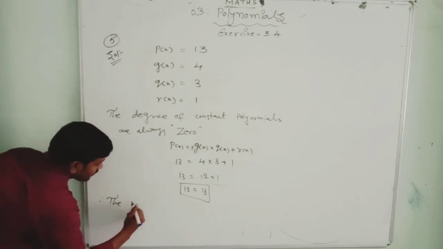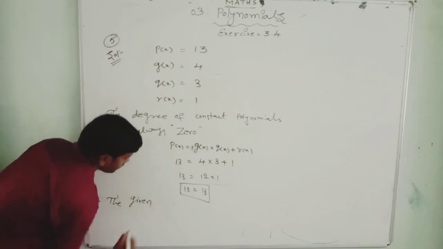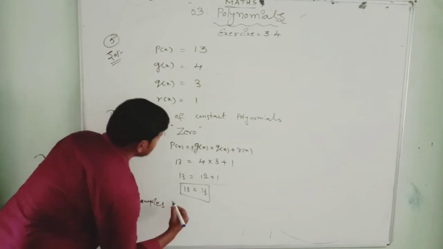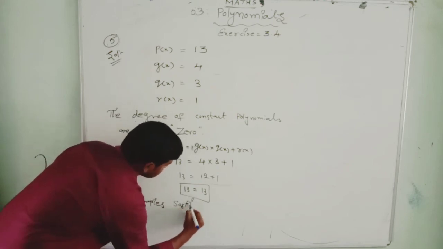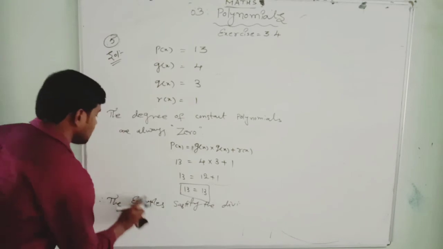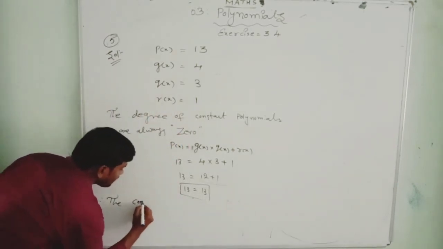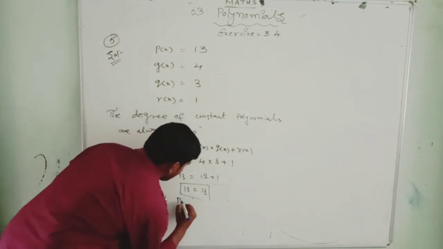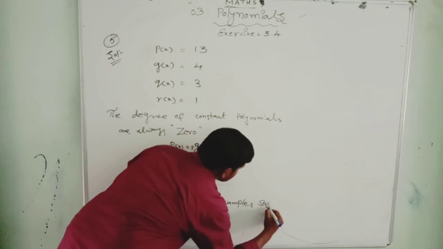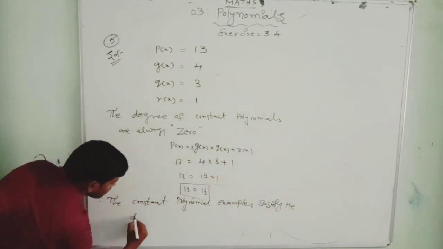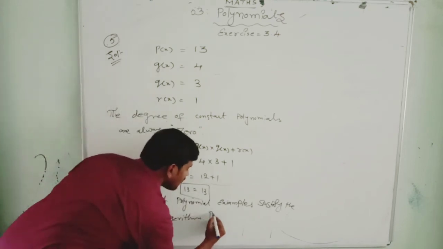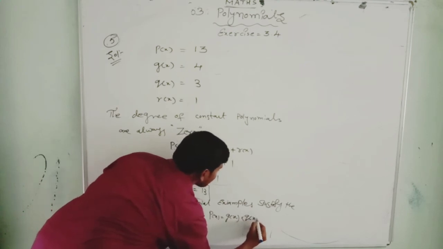Therefore, the examples of constant polynomials satisfy the division algorithm, that is p of x equals g of x into q of x plus r of x.